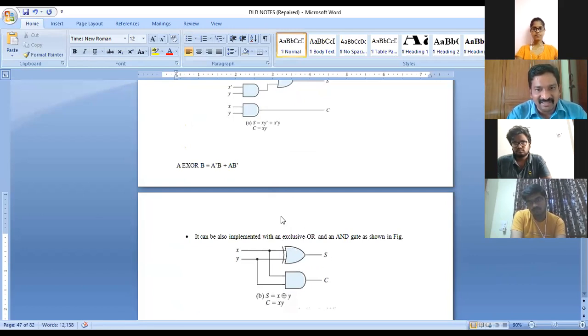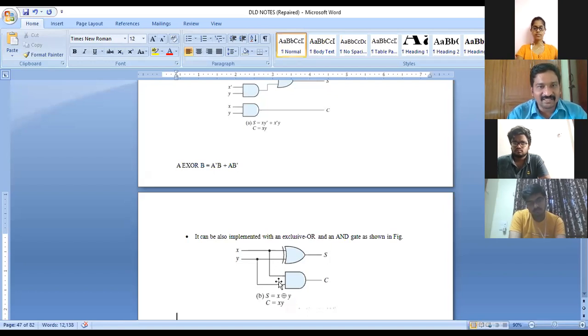What is the carry? x y is the carry, right? Yeah, x into y is the carry. So by default, the half adder logical diagram will be this one. So for the half adder, x XOR y is the sum and the carry is xy.